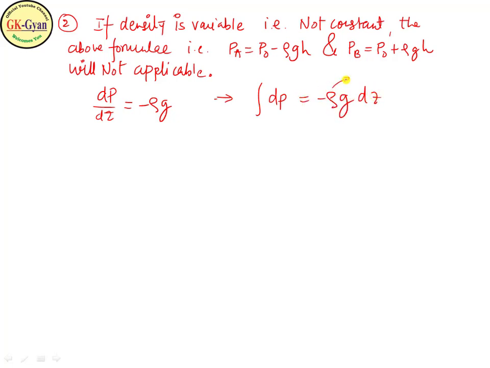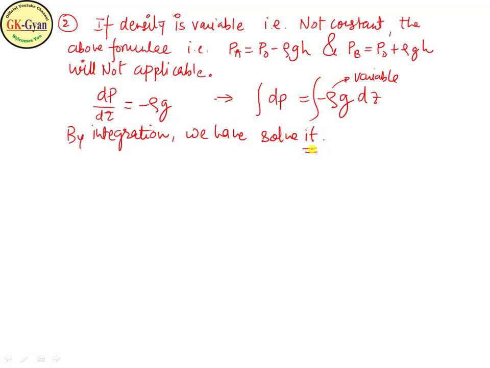dz. Here rho is variable, so it goes inside the integral, and by integration you have to solve the numerical. So if density is variable, this formula is not applicable.